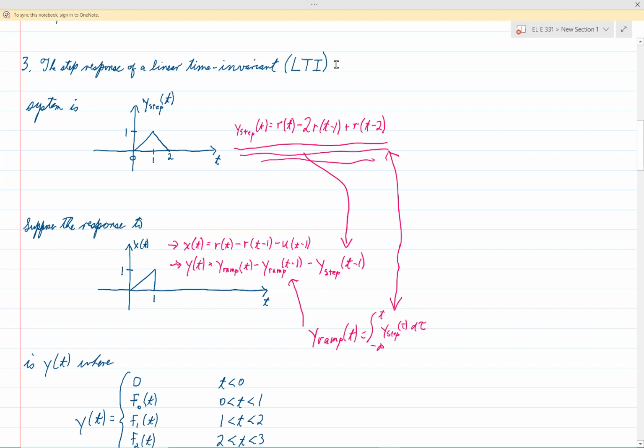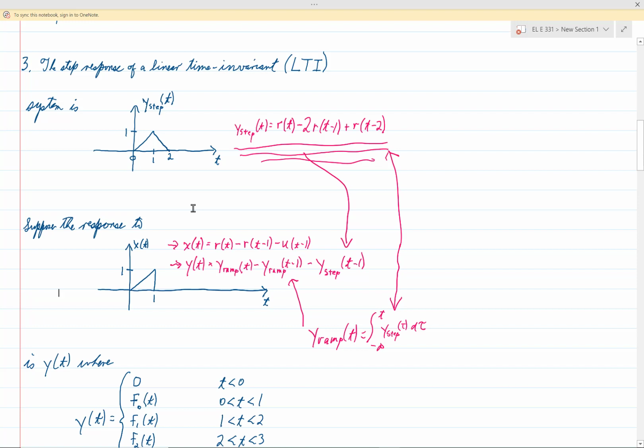And by the way, that's the kind of system that we're going to be considering in this course. So we have a linear time invariant system, and we know that its step response is given by this function right here.